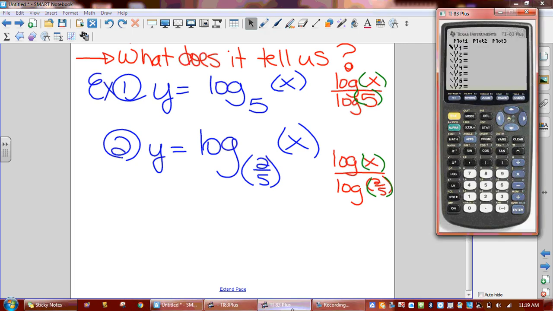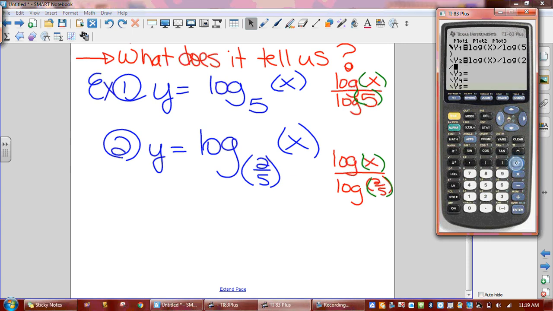So log x, close brackets, divided by log 5. Okay, now I'm going to go to the next one. Log x divided by log 2 divided by 5. Log 2/5. Okay?